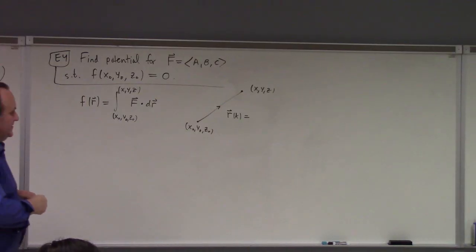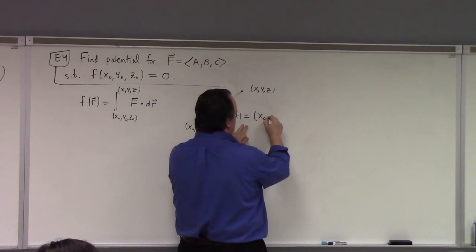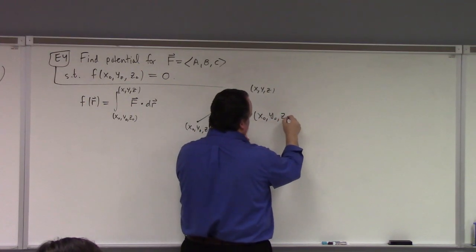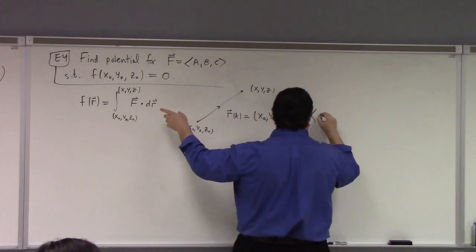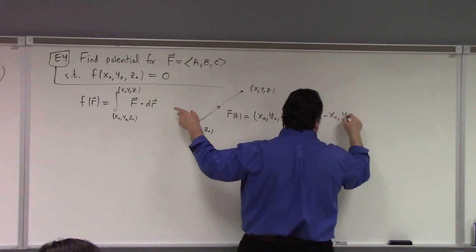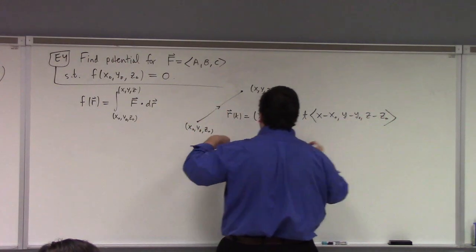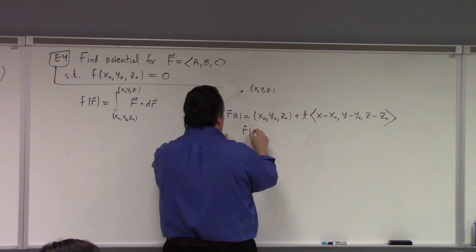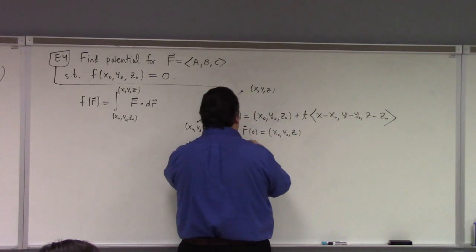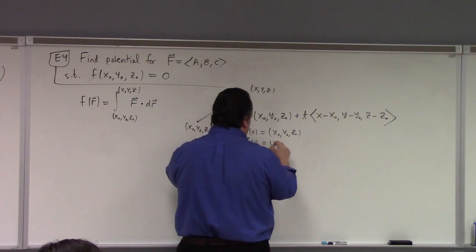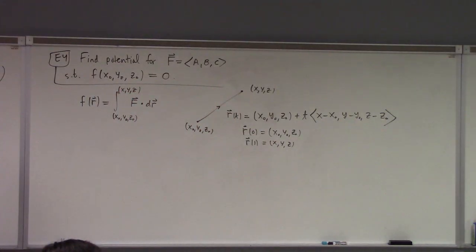This is something we all must be able to do. The base point, the starting point, x naught, y naught, z naught, plus t times the difference in the starting and ending point, so x minus x naught, y minus y naught, z minus z naught. There you go. That has r of 0 is x naught, y naught, z naught, and r of 1 is x, y, z.